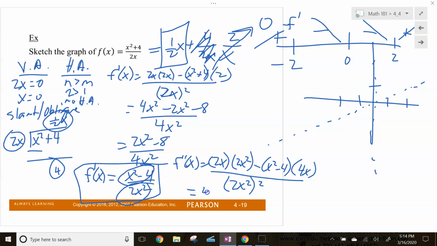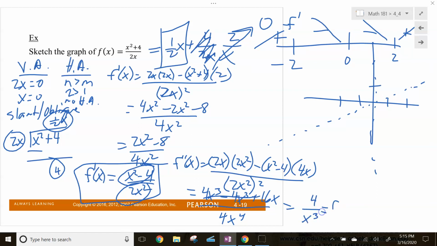So I've got 4x to the third minus 4x to the third plus 16x, all over 4x to the fourth. So I got 4 over x to the third.